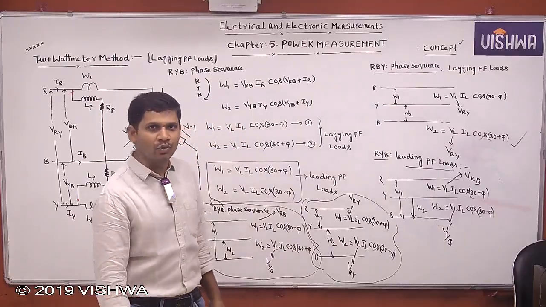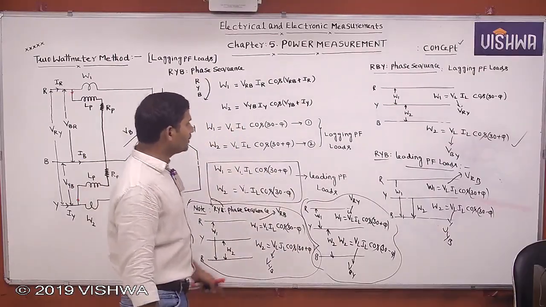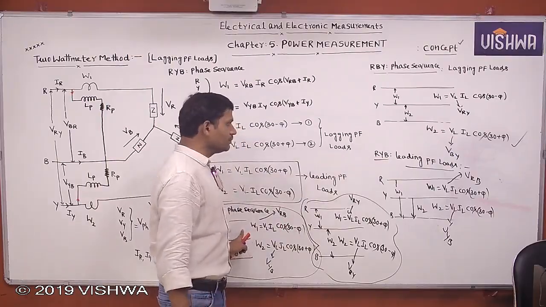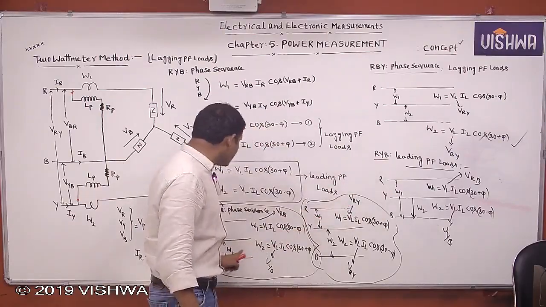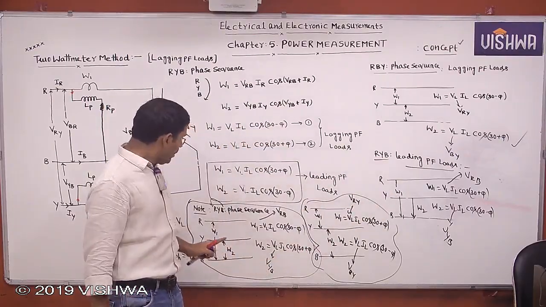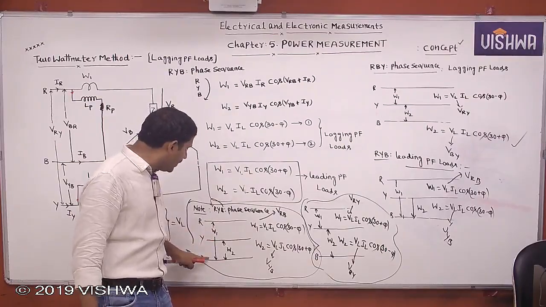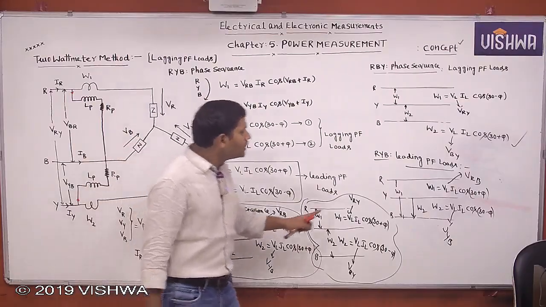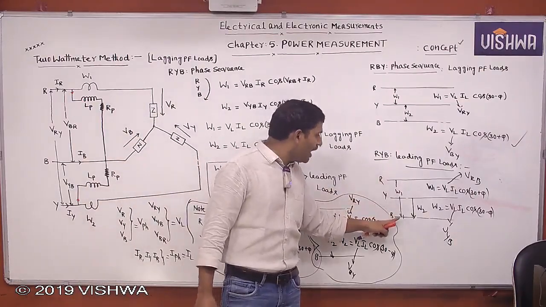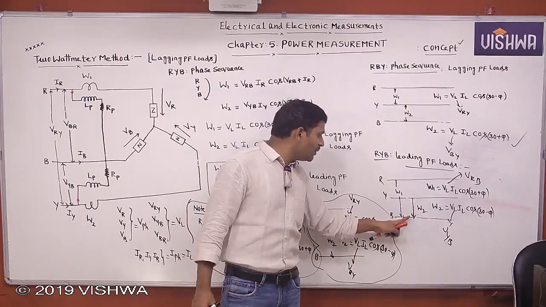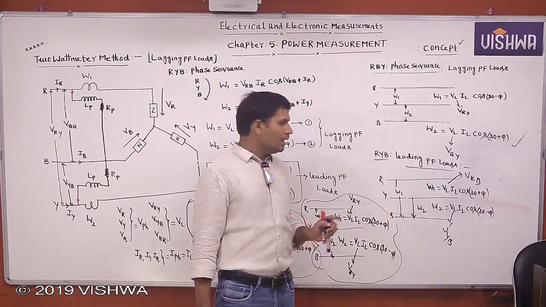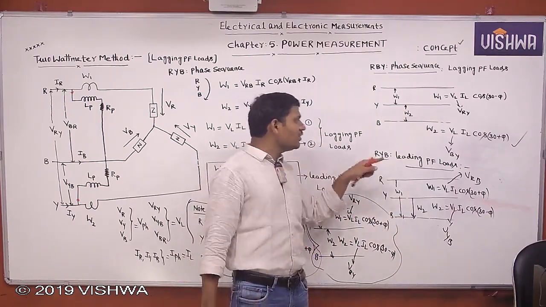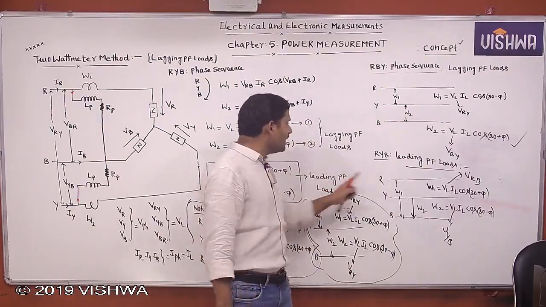Understood? Exactly opposite. One more observation here: the phase sequence is the same, and the connection of the wattmeters is also the same. W1 is connected between R and B and W2 is connected between Y and B, here also. The connection is the same, the phase sequence is also the same, but the wattmeter readings are different.